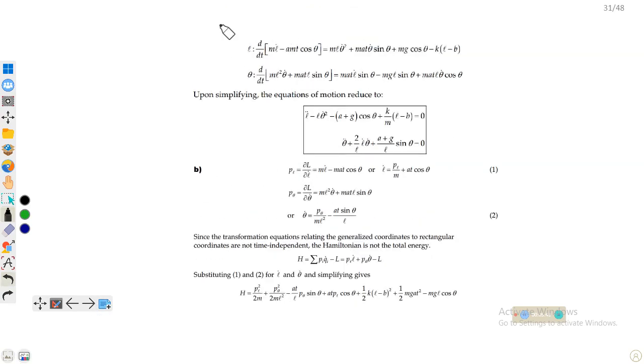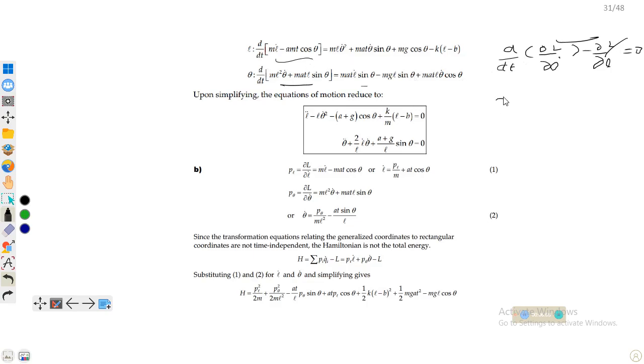For L we will have this equation, and for theta we will have this equation. We know that for L we can write the Lagrange equation d over dt of partial L over partial L dot minus partial L over partial L is equal to 0. By putting the Lagrangian into this equation, this term will go to 0 and we will be left with this.